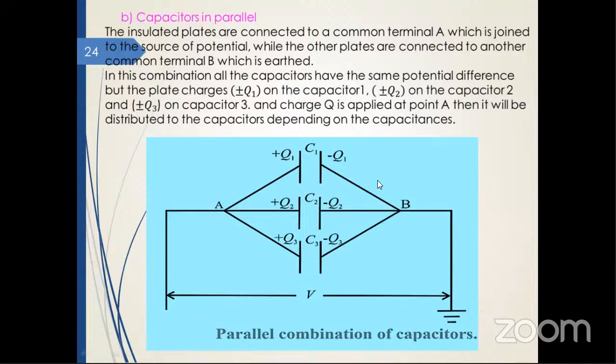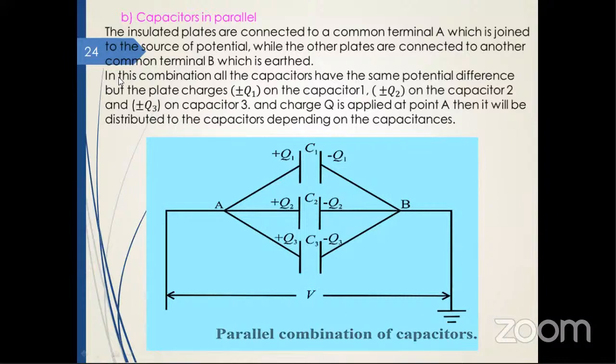While the other plates are connected to another common point, this B, and this B is connected to the positive terminal, all given to the earth. In this way we join this parallel combination.